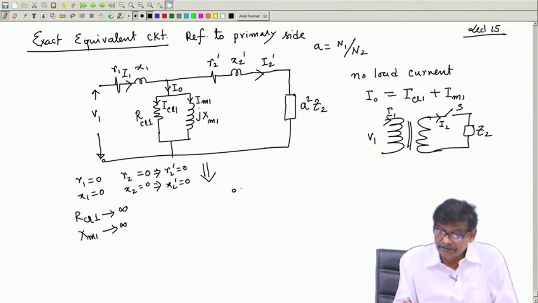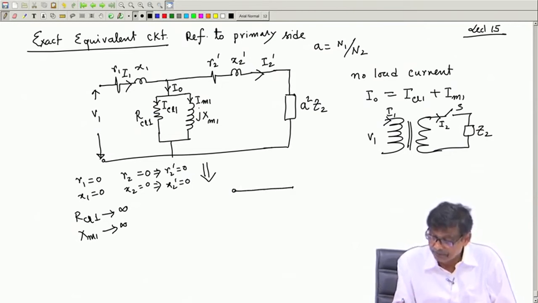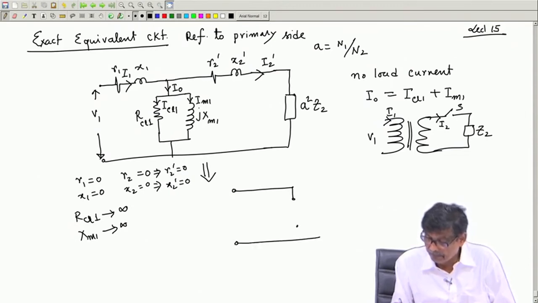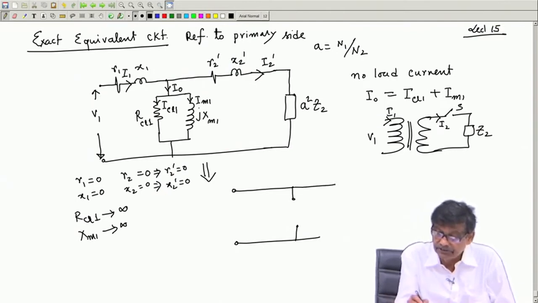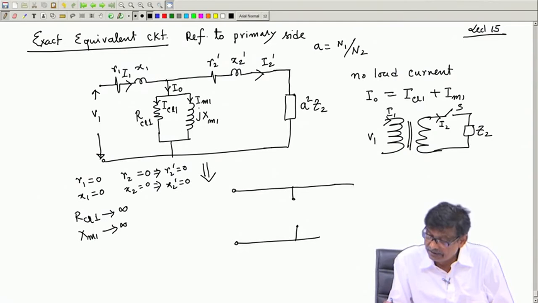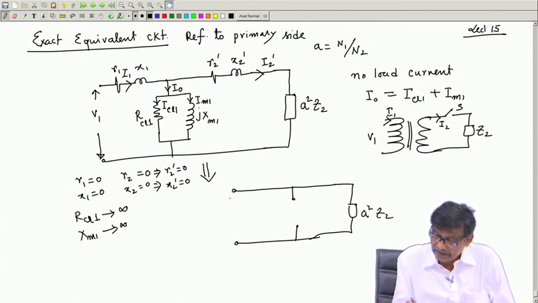So, this equivalent circuit then will simply reduce to this one. Nothing is connected here, and here also nothing is connected. These two are shorted, these two are shorted, and only a square Z2 remains. And this is your V1.